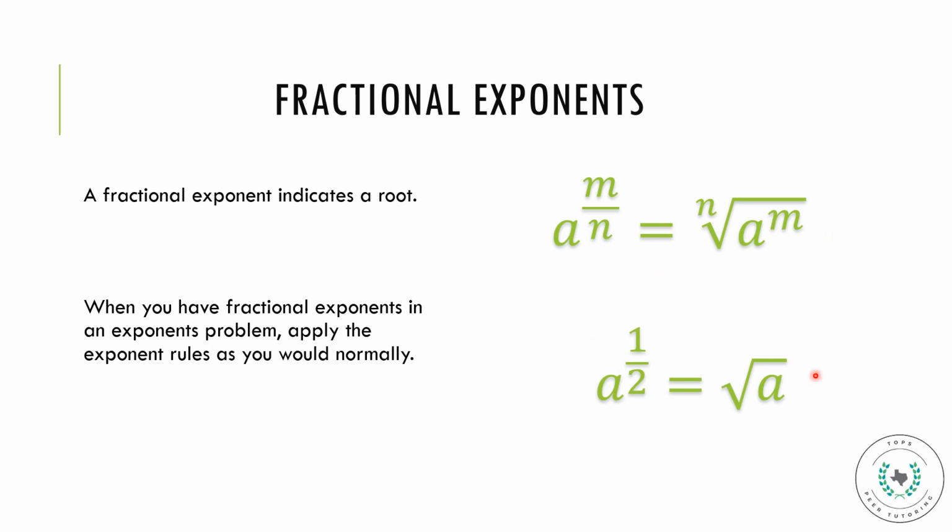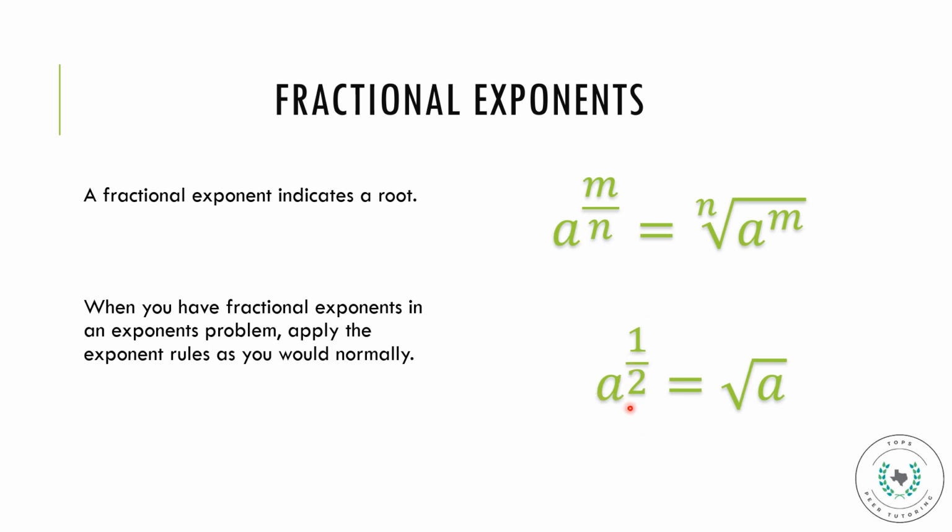Now this one over here is pretty important. I'm not sure if there's an official name, but I like to call it the standard or the neutral fractional exponent. Because if you notice, it looks like there's nothing going on, right? It looks like you didn't put an exponent value in the n or the m places. But actually, that's exactly what it's supposed to look like when you have a half.